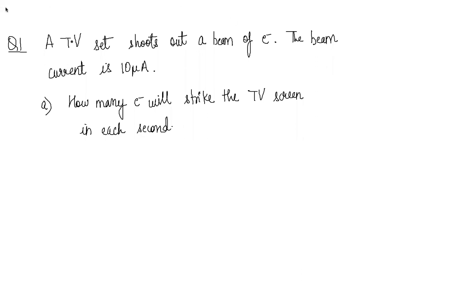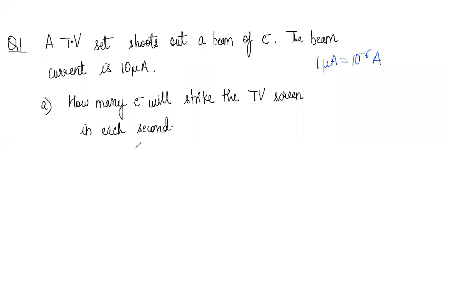The question says a TV set shoots out a beam of electrons. The beam current is 10 microampere. 1 microampere is equal to 10 to the power minus 6 ampere.